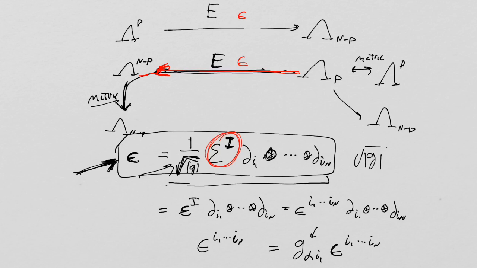I can actually lower some of these guys. And then I can create a mapping, not from here, but from here to here. And that is just by modifying the epsilon. Turns out it's all equivalent. I'm just trying to make a point that with this method of finding a dual with the volume form, if I use the right volume form, I can still capture the notion of Hodge duality by just lowering the indexes appropriately.